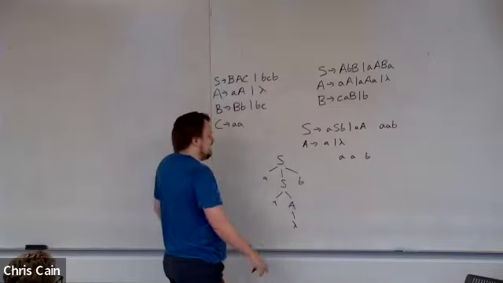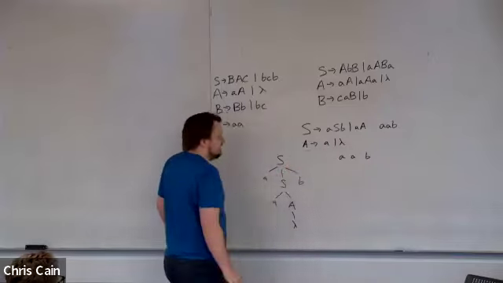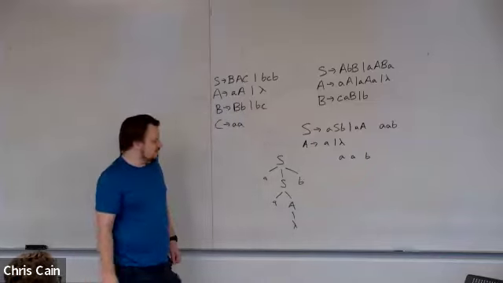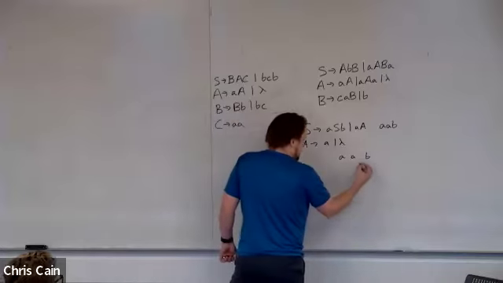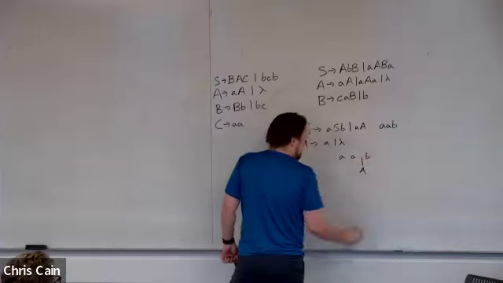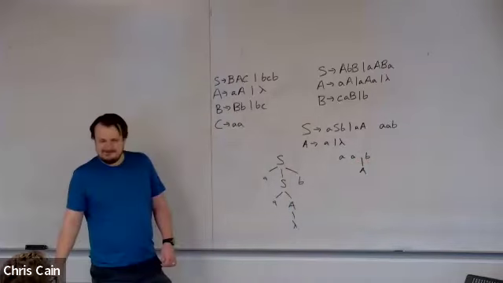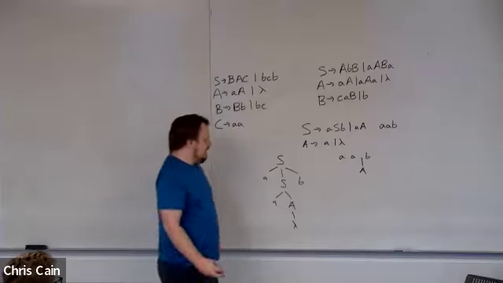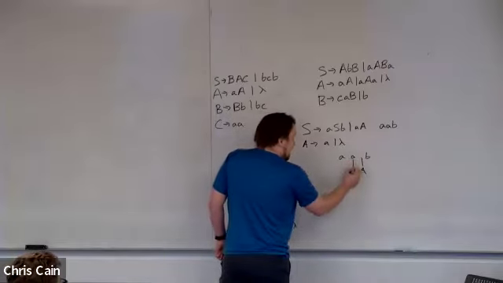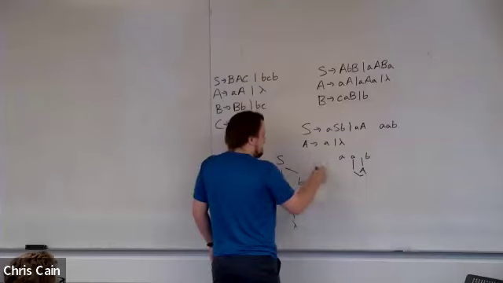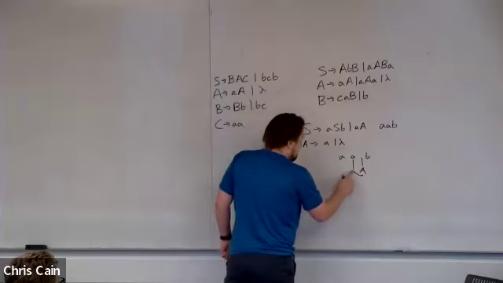We can get an A from nothing. So we are just going to make an A that came from nothing. We do that with lambda, right, because A can just go away. So now we bring down this A and we see that there's an AA right there that we can combine, sorry, this A becomes an A.